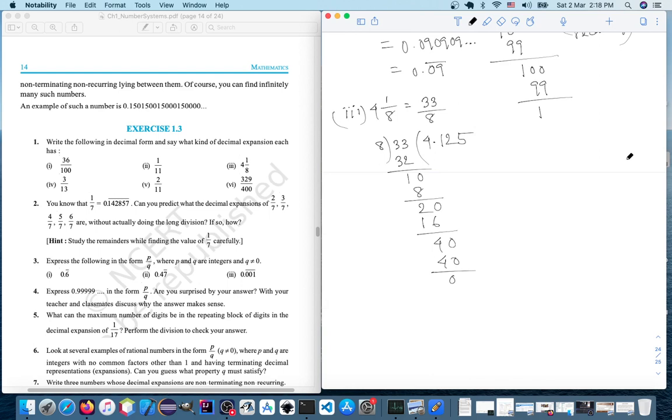So 33 by 8 is 4.125. The decimal expansion is obviously terminating. And number 2 is non-terminating recurring.